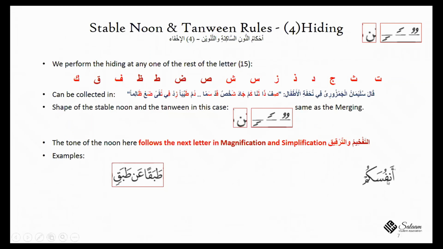The tone itself. So I will say أنفسكم, not أنفسكم. So there's also tone, but it is magnified. I hope you can hear the difference, because some people just make the tone magnified for all.